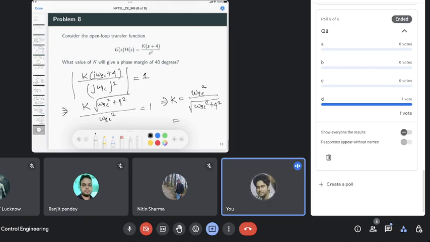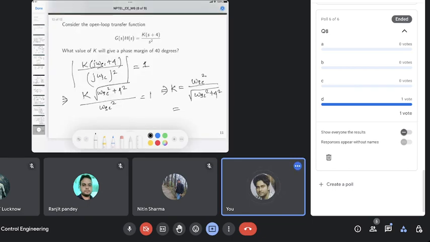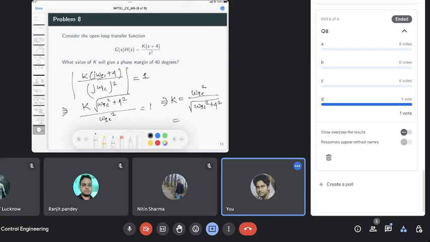You computed omega to be 3.36, so you just substitute that: 3.36 squared over the square root of 3.36 squared plus 16, which is around 2.16. So this is the value of k.